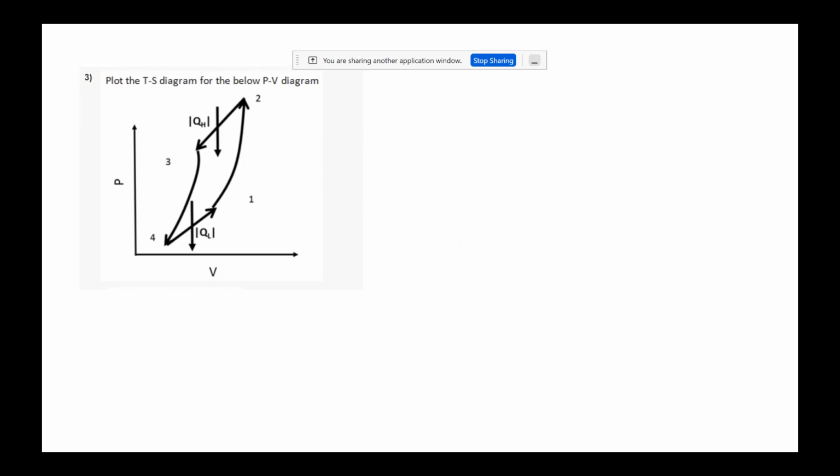Now plot the TS diagram of the below PV diagram. This is easy, we have done it in the earlier problems. TS diagram: this is T, this is S. Now 3 to 4 and 2 to 1 are quite steep, so these are adiabatic processes.